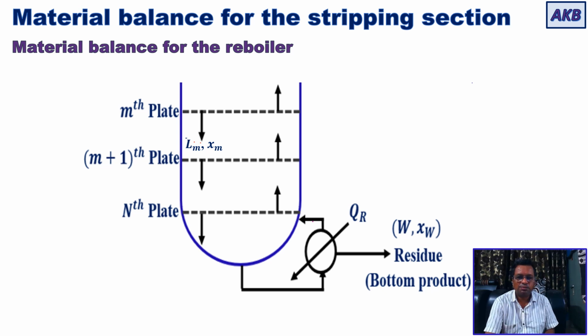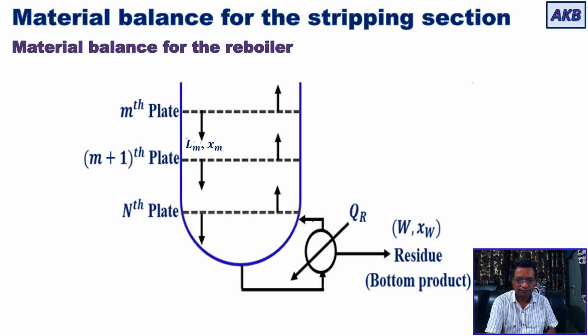This bar is used in order to convey to you that the liquid flow rate in the rectifying section is different from liquid flow rate in the stripping section. And why m? Because it indicates the liquid that is leaving that particular tray. So the molar flow rate for the liquid leaving m plate will be L bar m. Mole fraction of A, the more volatile component, in it will be xm.